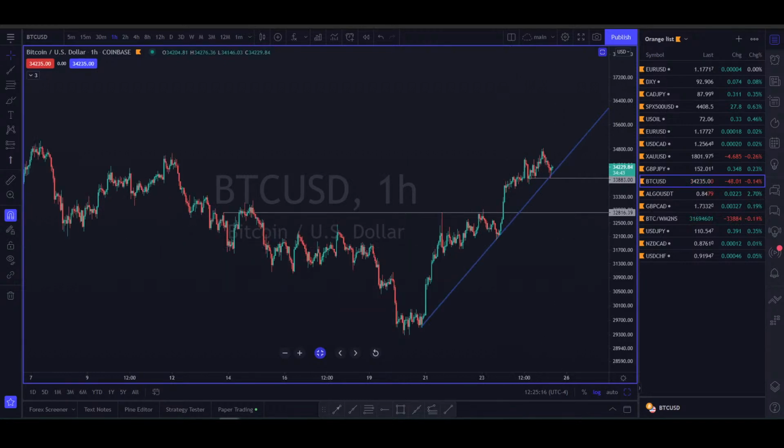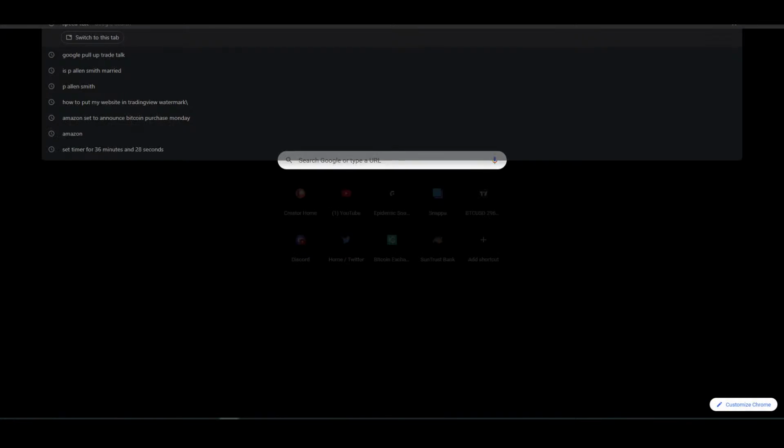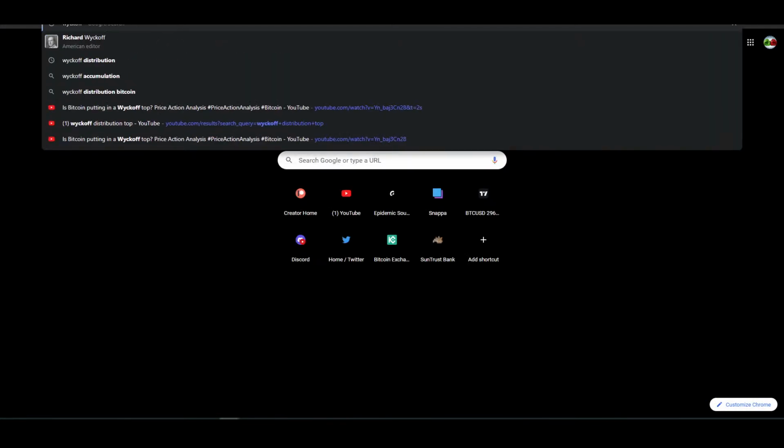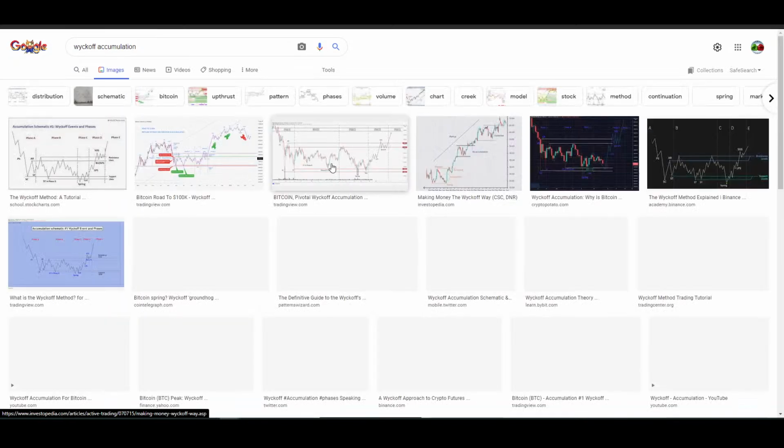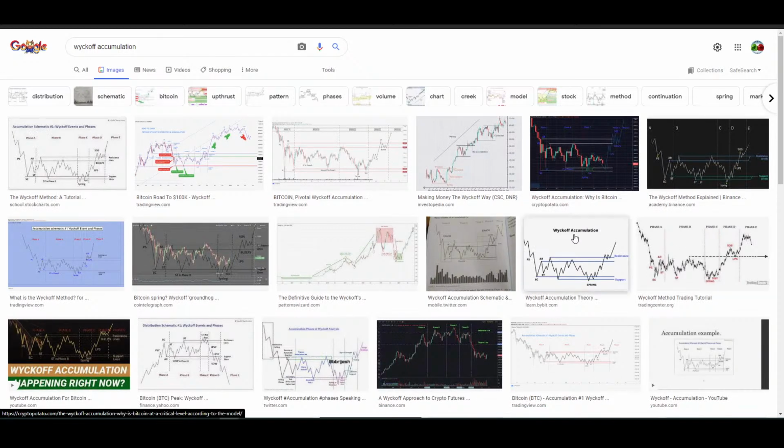Yeah, it was inevitable. It was going to fail. Yes, it's simply because you can't find... let's go over here and hit Wyckoff. Accumulation. I mean, if you're simply just finding images on Google and then deciding this is what's going to happen... I think this is the one they overlay.